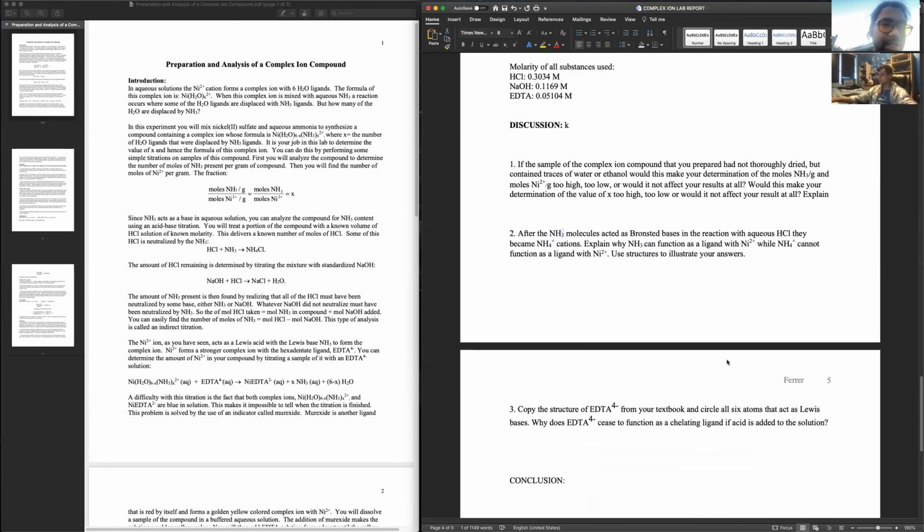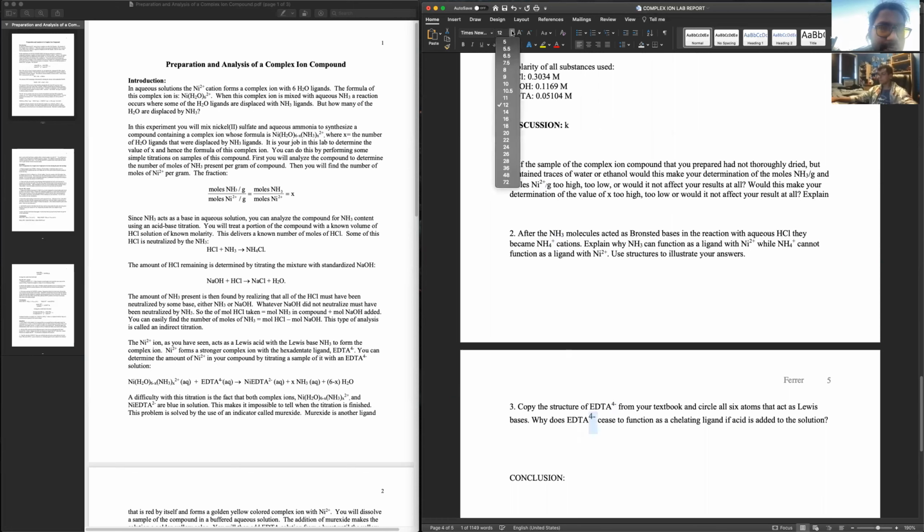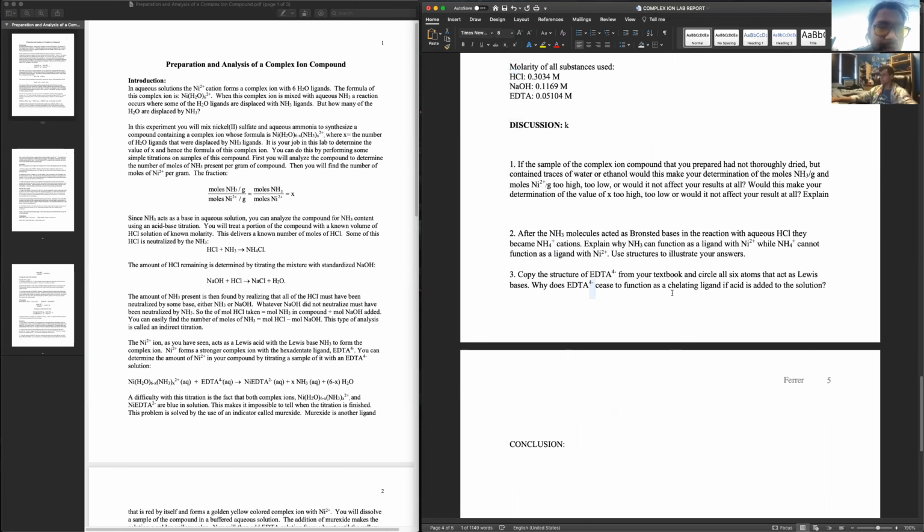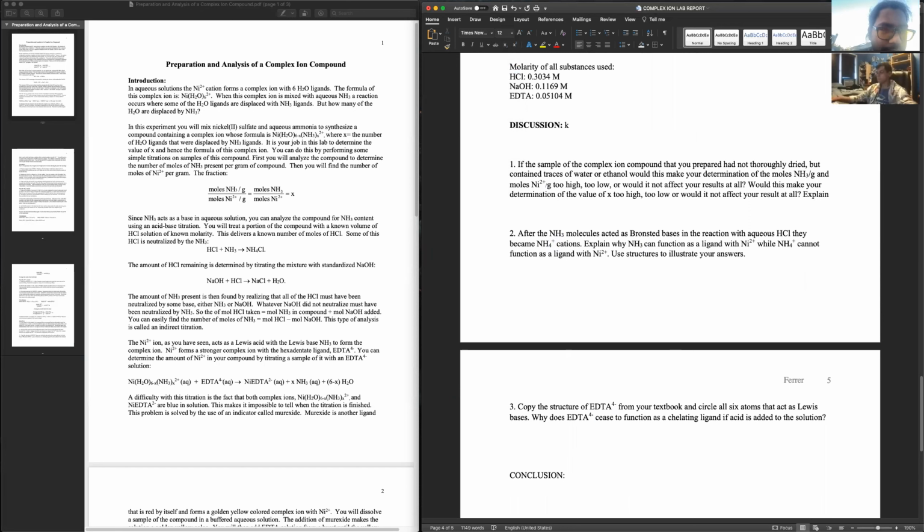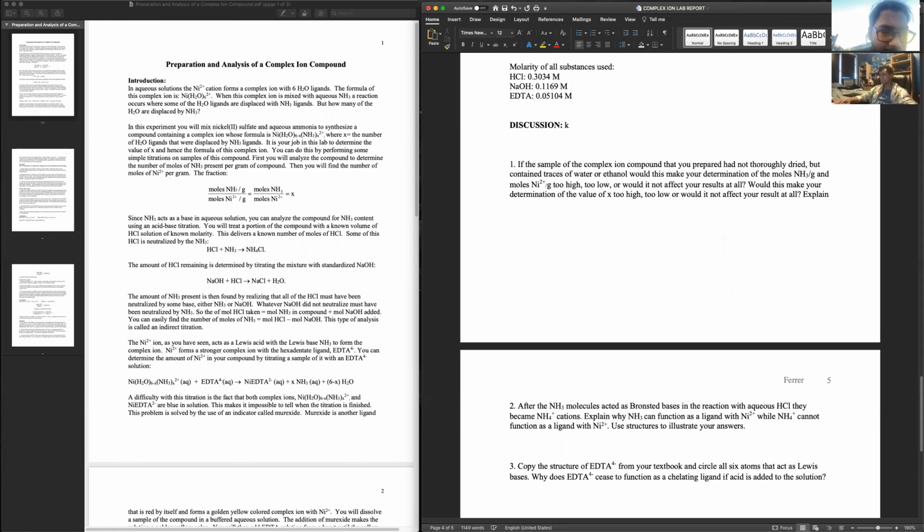But how many are displaced by ammonia? So you mix the solid nickel 2 sulfate with aqueous ammonia to synthesize a compound containing a complex ion whose formula is what we are basically trying to figure out. Now, it acts as a base in aqueous solution. Okay.